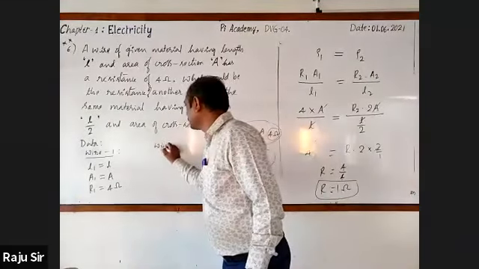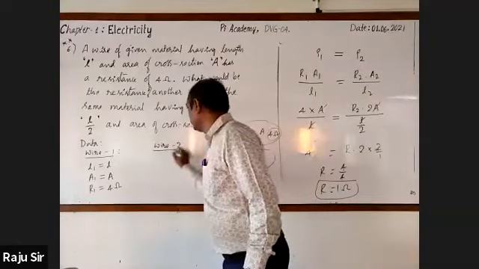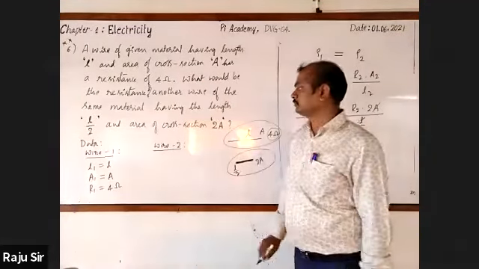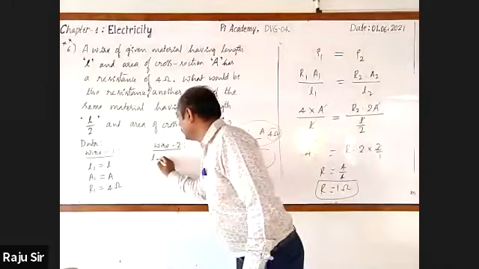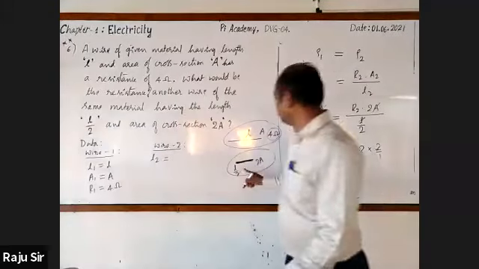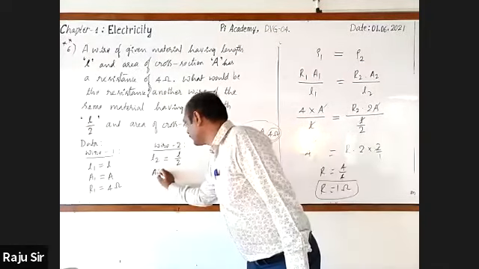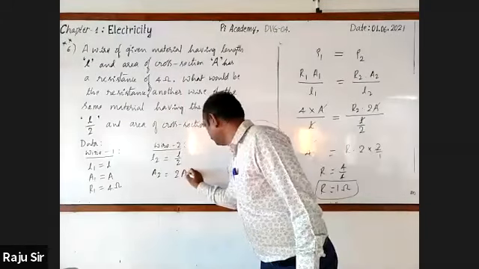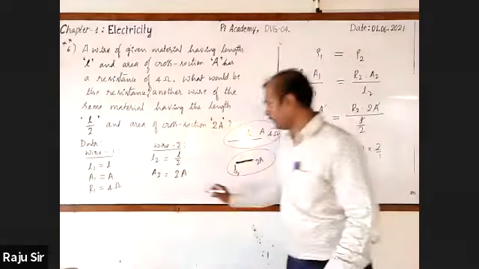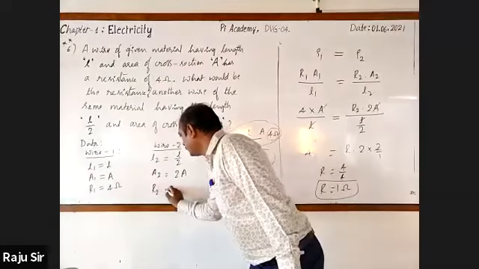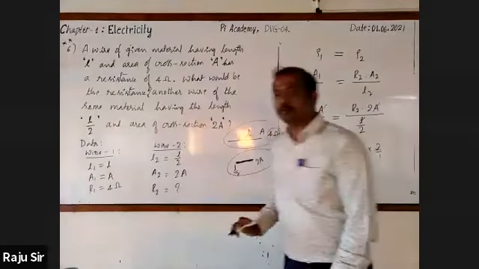With respect to the second wire, write wire 2. Length of the second wire is L by 2. Its area of cross section is 2A, but the resistance is unknown.